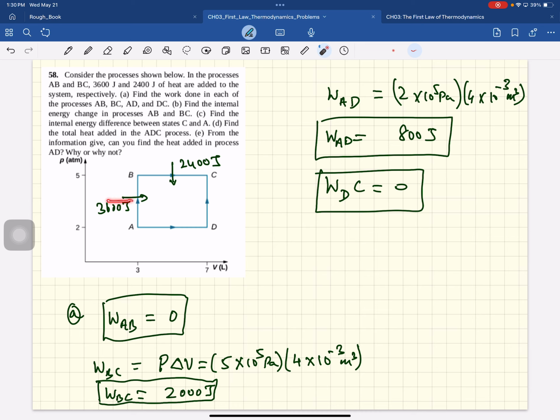You added heat here. Now find the internal energy change in processes AB and BC. Internal energy change for AB is Q_AB minus W_AB, equal to 3600 joules minus 0.